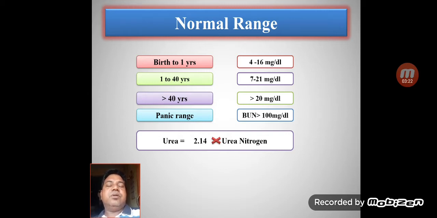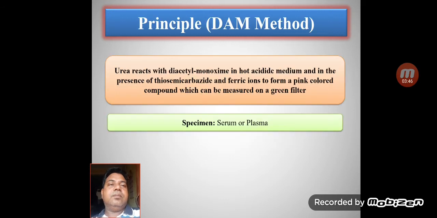The panic range is when it increases above 100 milligram per deciliter, which is considered a serious problem. From blood urea nitrogen we can also calculate blood urea by multiplying it by the factor 2.14.